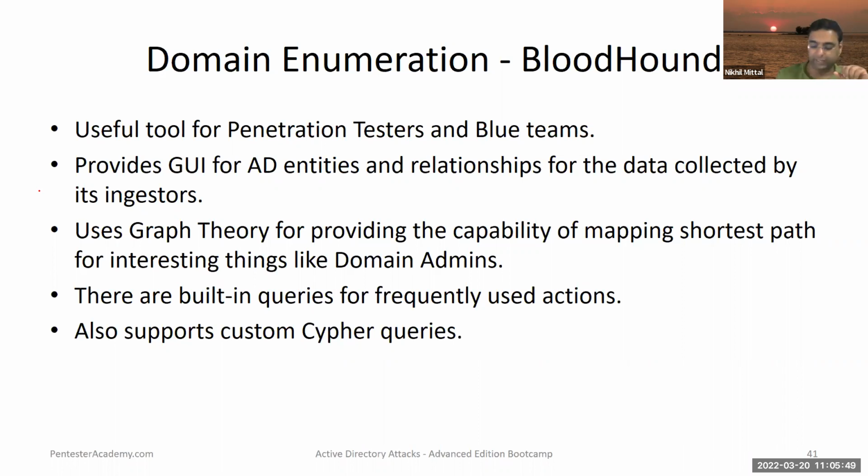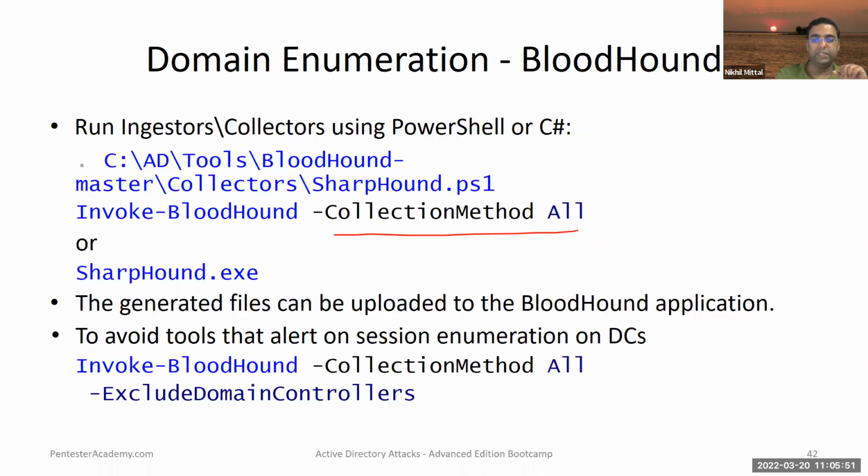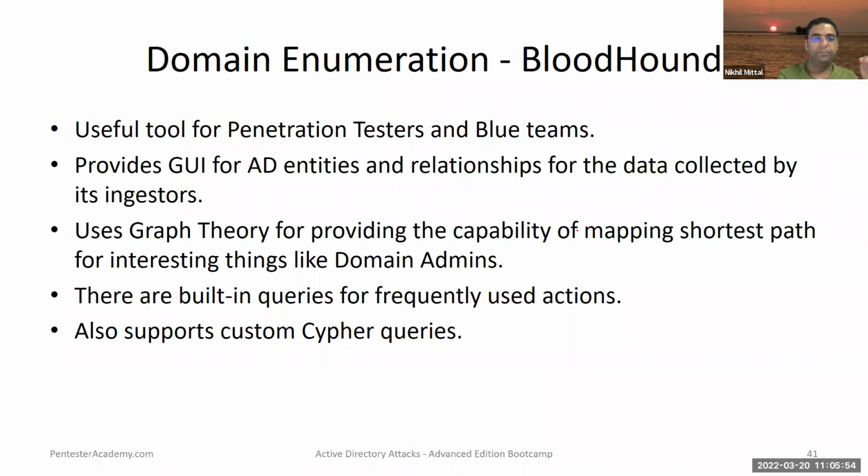Specifically, if you use the collection method All, Bloodhound not only goes to the DC, but to each and every machine in the domain to check sessions, etc. present there. So that would result in detection just like that. So use Bloodhound if you're a blue teamer, use it if you're on a penetration test. If you are executing a red team operation and secrecy is paramount, you absolutely do not want to get detected, then you may not like to run Bloodhound.